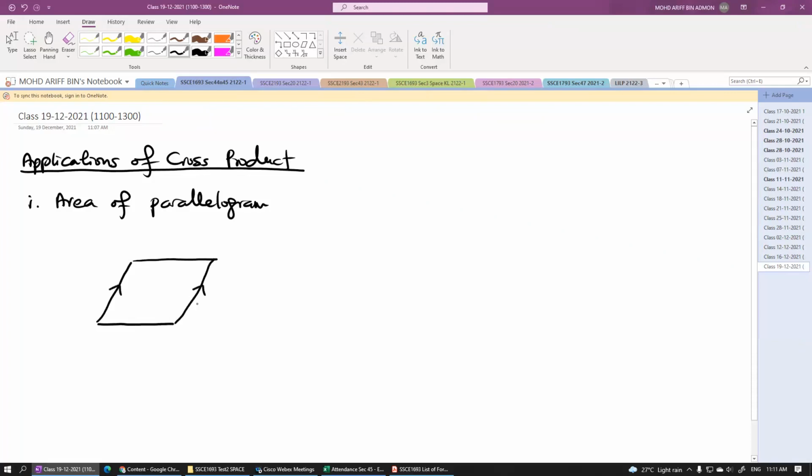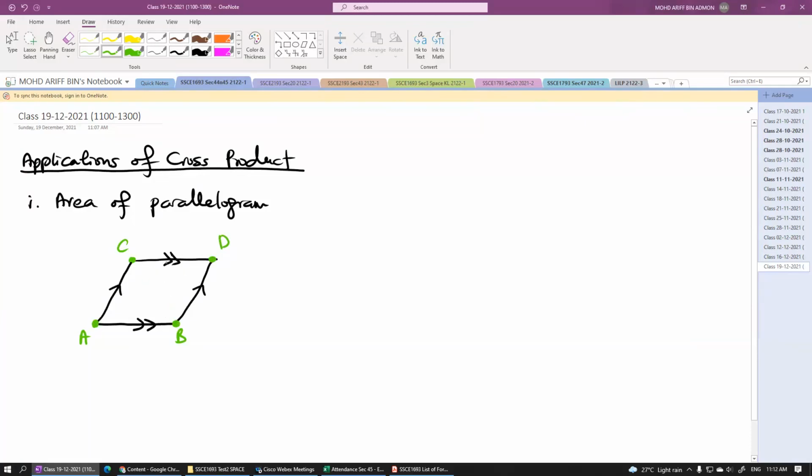Left and right, and top and bottom, are parallel to each other. Especially if you have points, maybe point A, point B, here point C, and here is point D, for example.